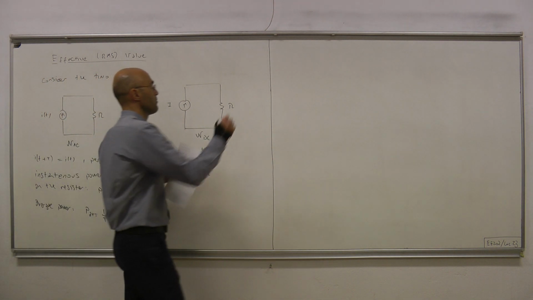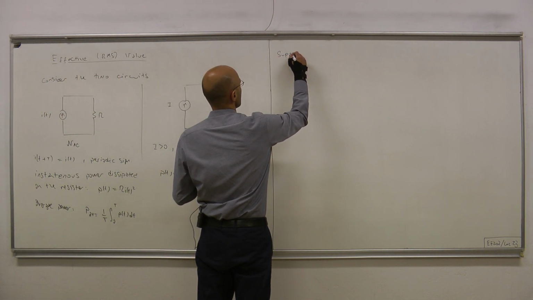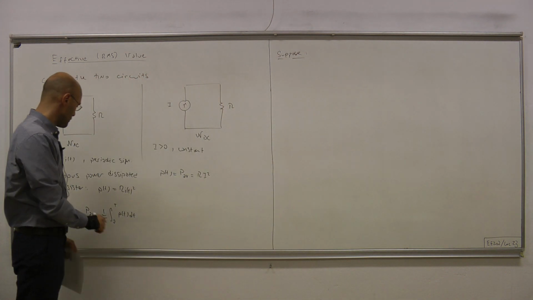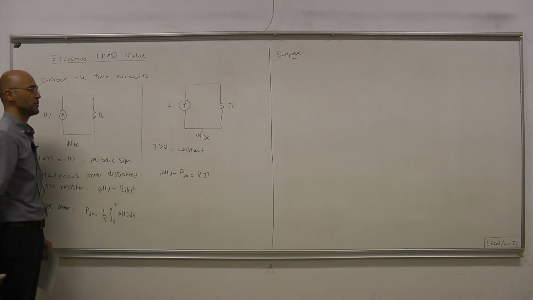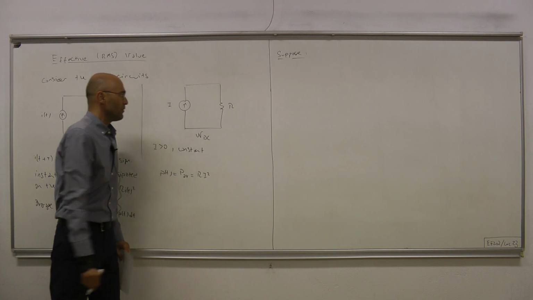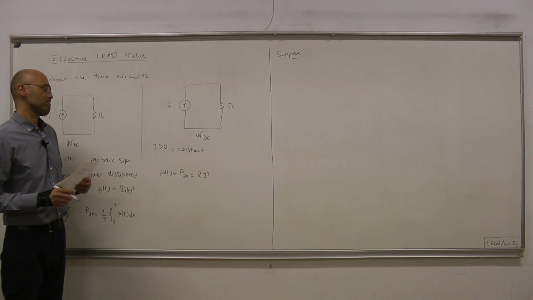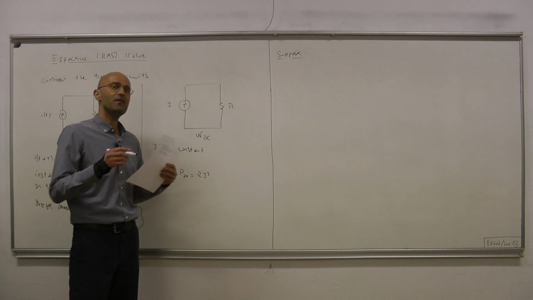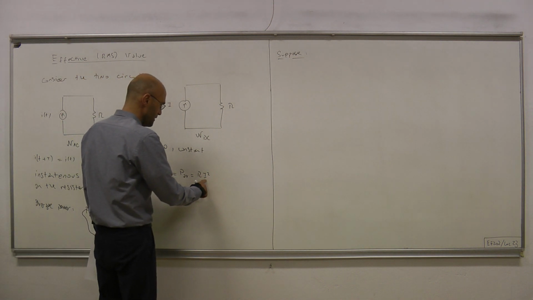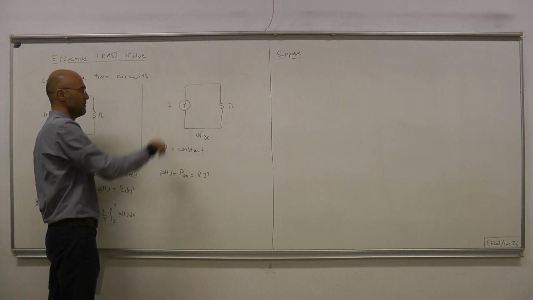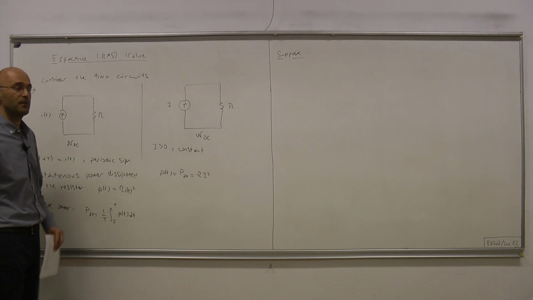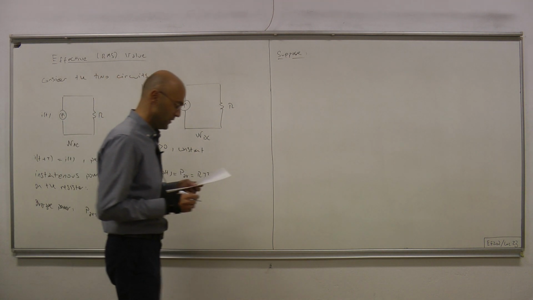Now suppose that the average power dissipated on the resistor in the AC circuit equals the power dissipated on the resistor in the DC circuit. Under that assumption, let's try to figure out a relation between this positive number I, the value of the current in the DC circuit, and this signal i(t), the current in the first AC circuit.